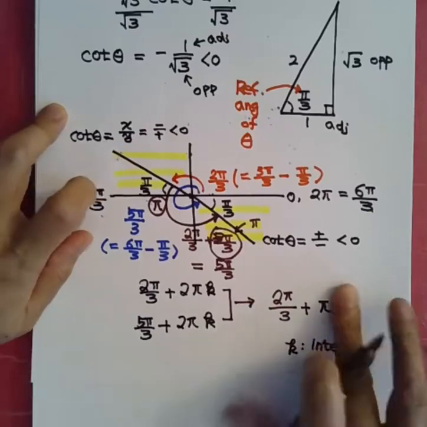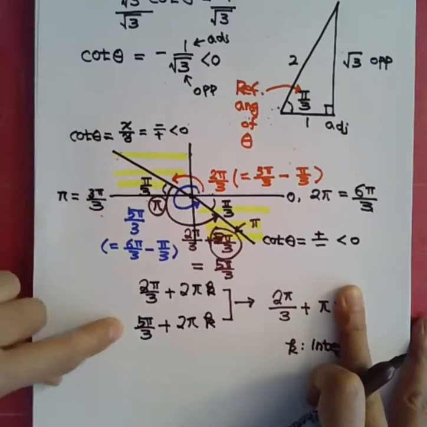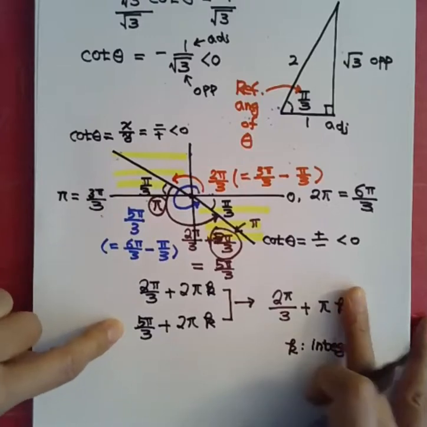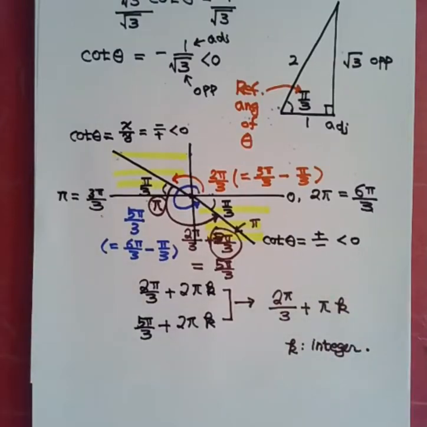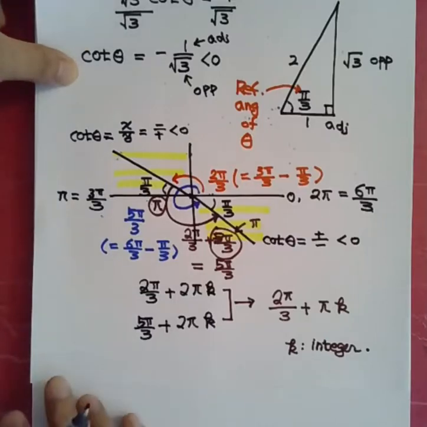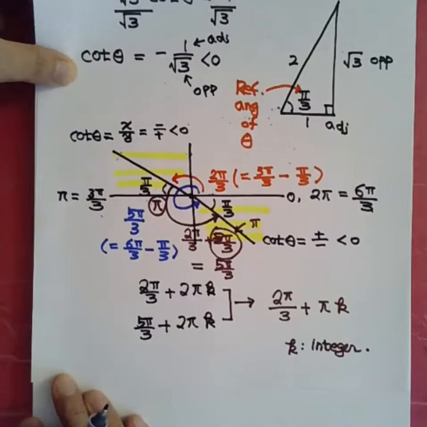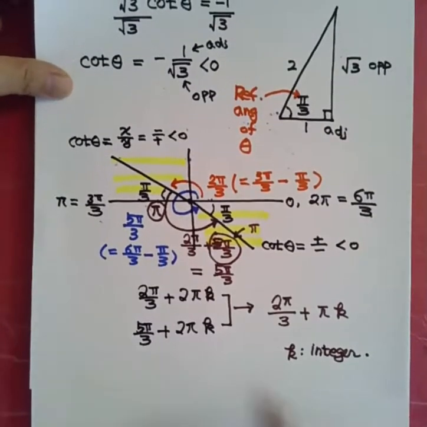Then when you add pi, you will get 5 pi over 3, and so it covers all the angles. The format of the answer, you have to follow the instruction in WebAssign. If there is no other specific instruction about the answer format, then I believe both will be accepted.